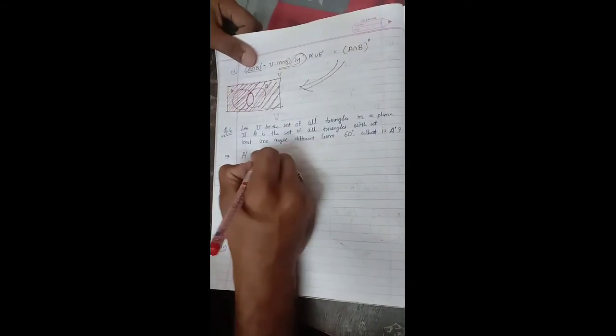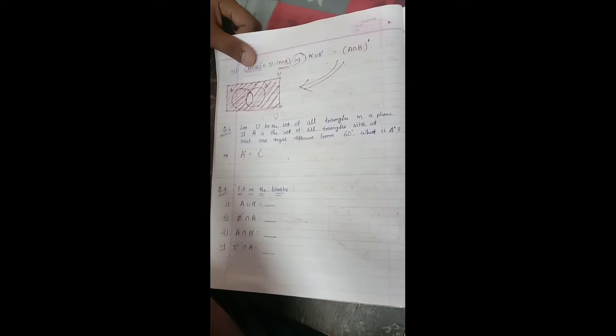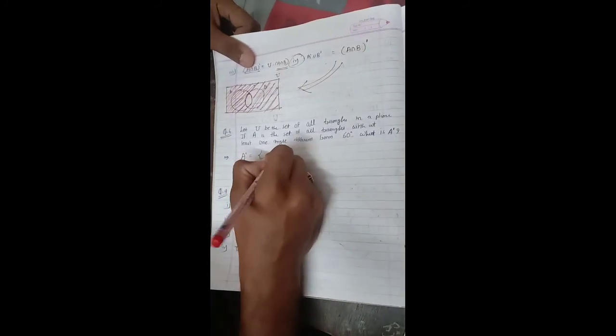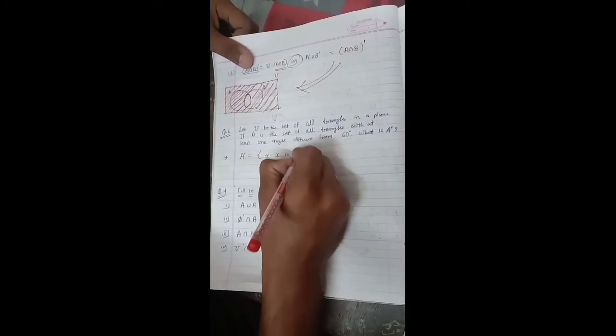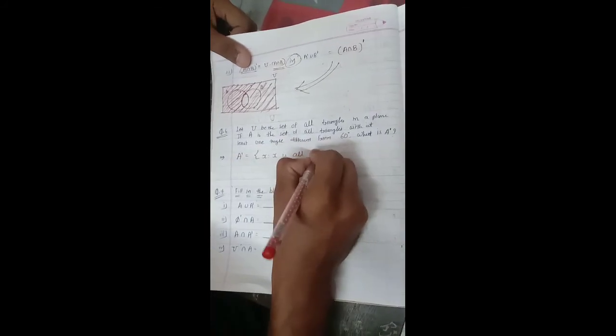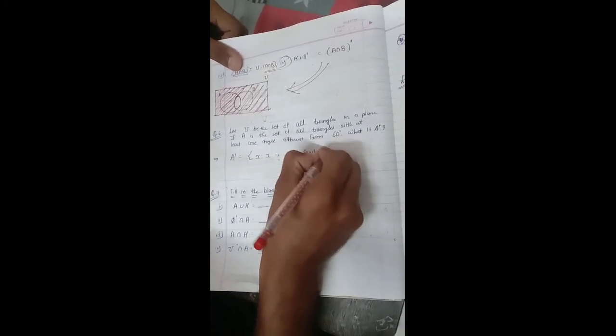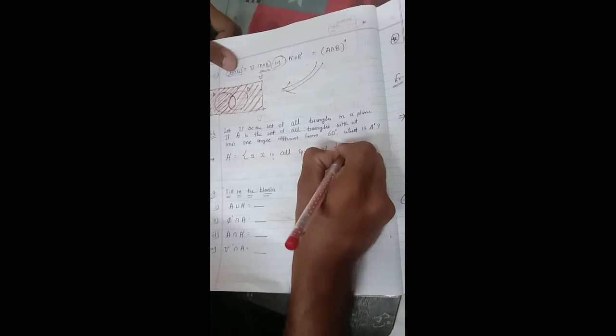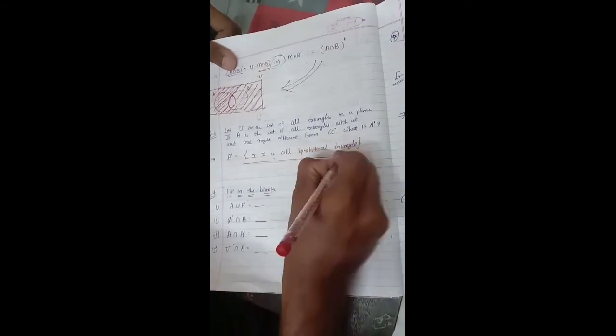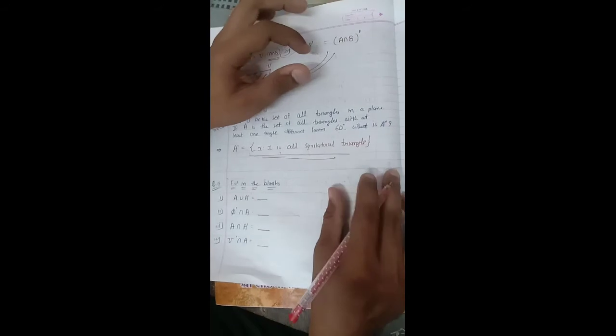Cut A from U and you get all equilateral triangles. This one is your A dash.